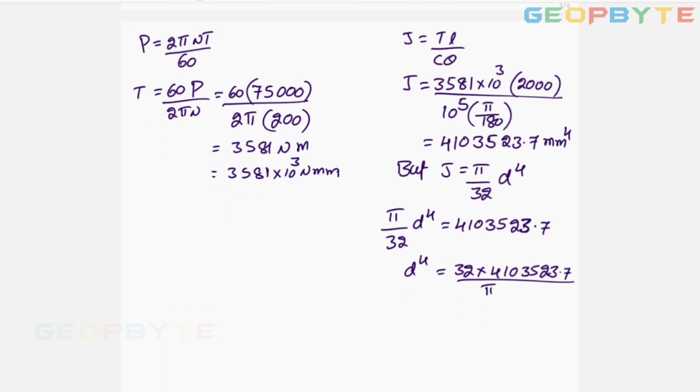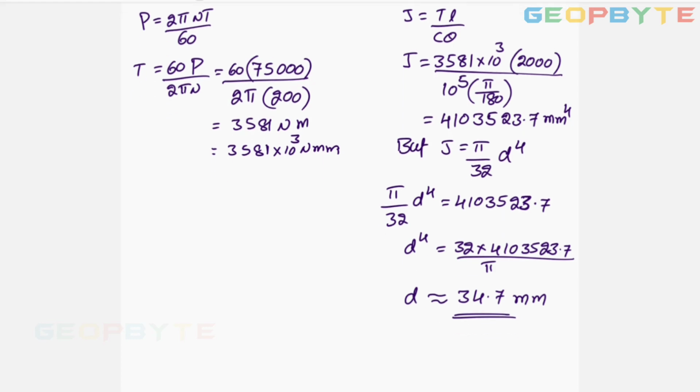From this you decide the d value. You also try this problem in the same way. I am getting approximately 34.7 mm. So this is the required shaft diameter based on the rigidity.